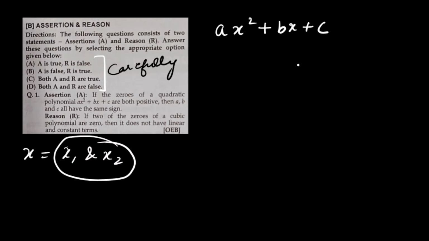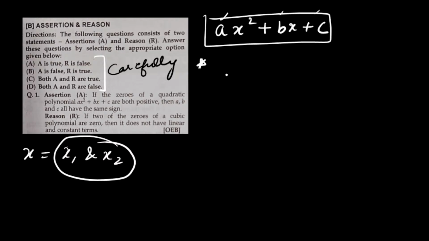If they are positive, then a, b, c have the same sign. Some of you have already given the answer that A is true and R is false. We will check. We will not do any question without logic or correct explanation, so let's check why that is the answer.